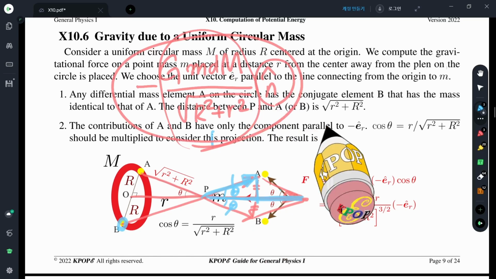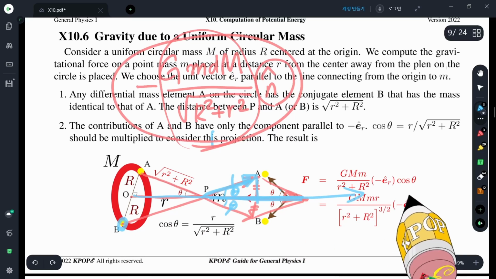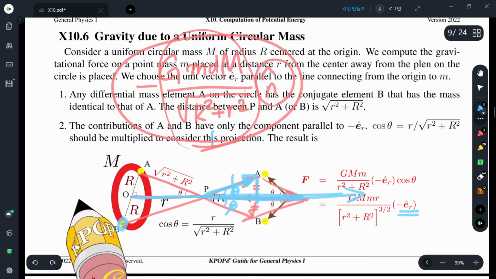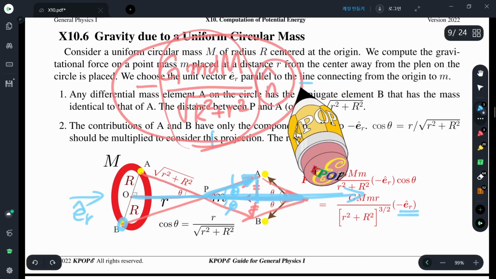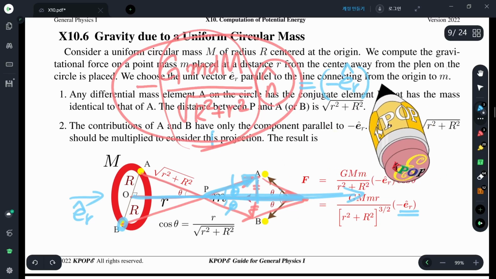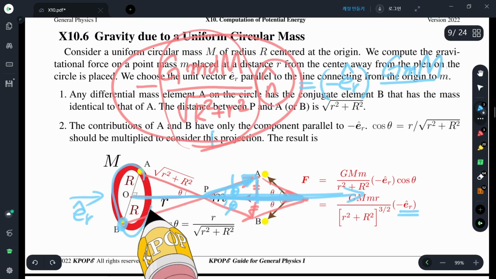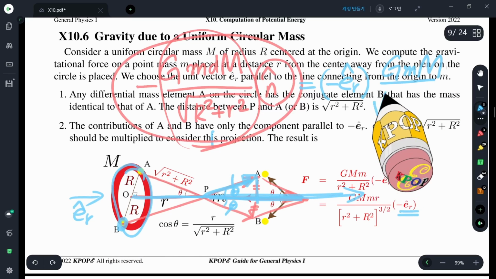And then this is the actual direction, which we say is ER hat. This is along the ER hat. So this attractive force is minus ER hat and GM capital M, sum everything up, and the distance.